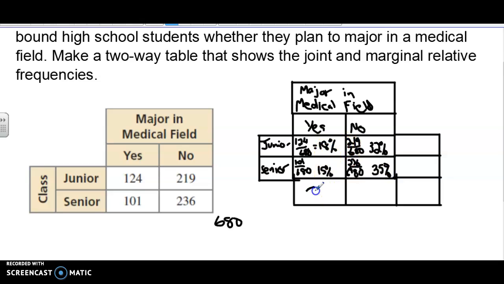So if I add these up now, this is 33%. This would be 67%. This is 50%, and this is 50%.